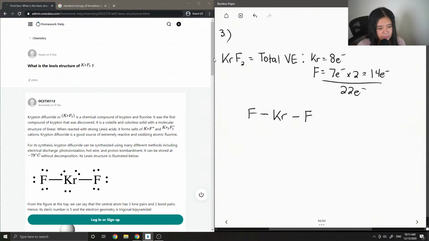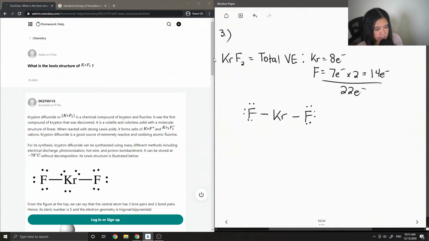But let's count how many lone pairs are on each fluorine atom. 3, 4, 5, 6. 1, 2, 3, 4, 5, 6. And then if we count how many electrons we have written so far, we have 6 on each fluorine and then 2 in each bond. So pretty much 8 times 2.